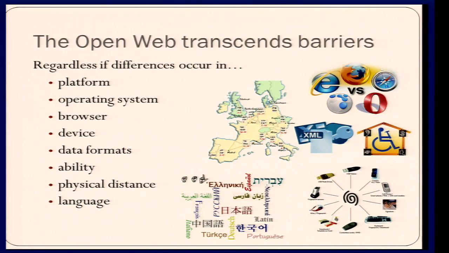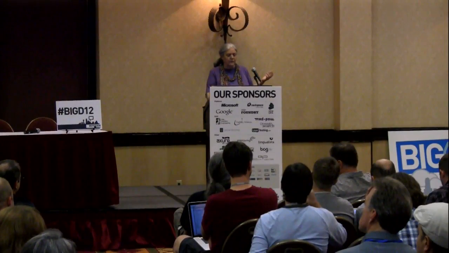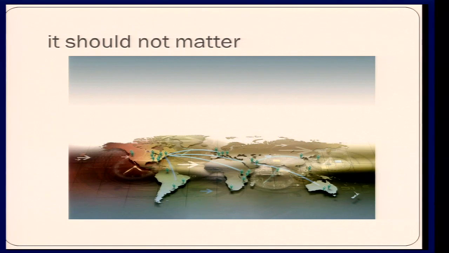Ability is just one in this list of barriers that might arise, and that we have to think about as we design. How do we address these potential barriers? Physical distance, language. But when we do our job well as designers, then none of those things really should matter.